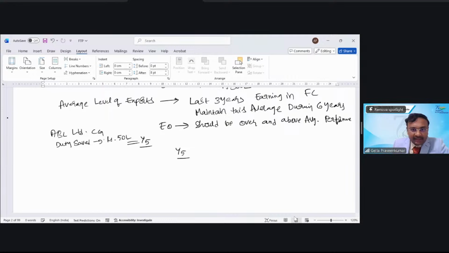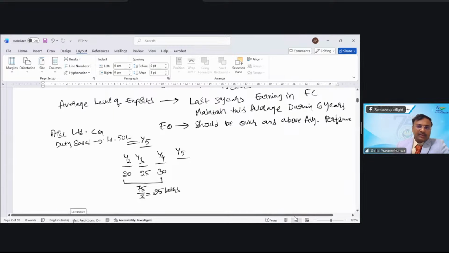Since you are purchasing in year 5, I look at year 4, year 3, year 2. In year 2, exports earned are 20 lakh. Year 3, 25 lakhs. Year 4, 30 lakhs. So the total of these 3 years is 75. 75 divided by 3 gives 25. So my last 3 years average is 25 lakhs.